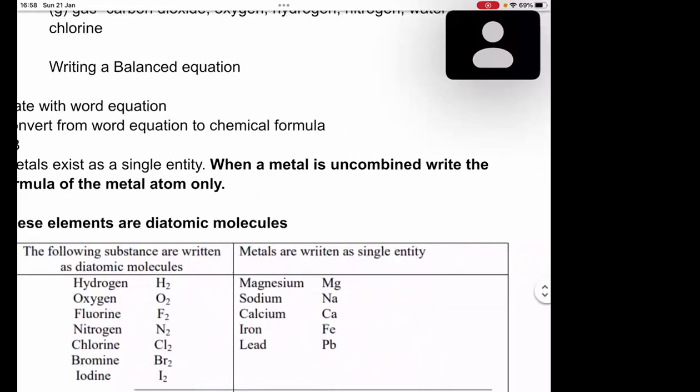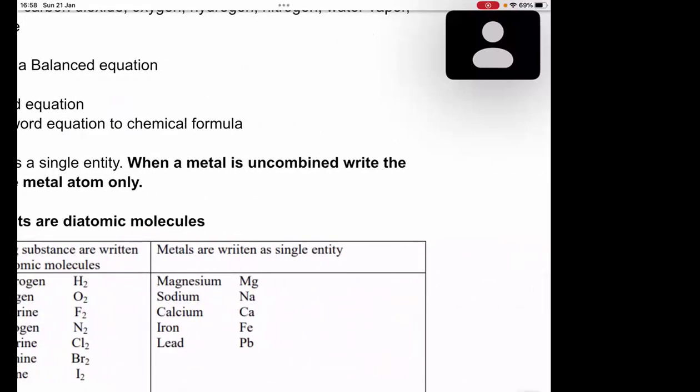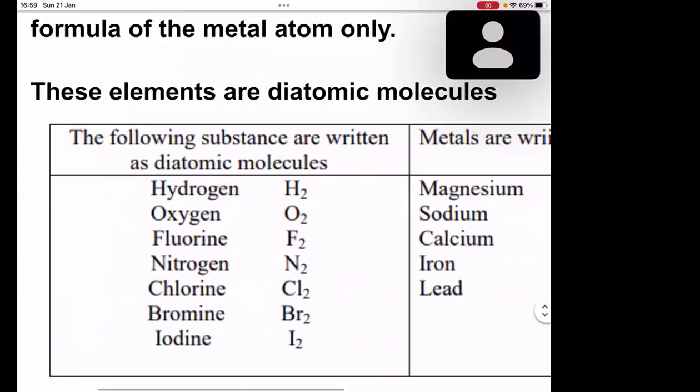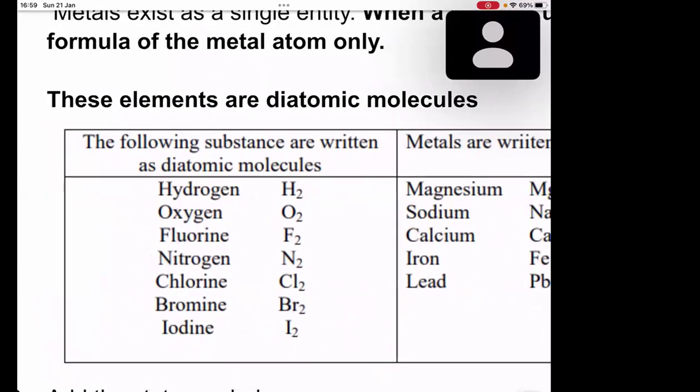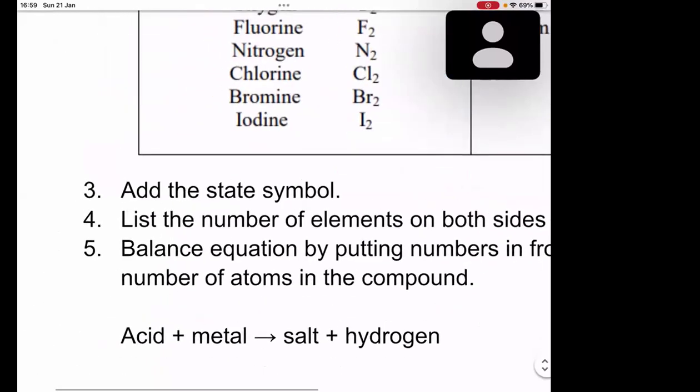So we don't write Mg2+, all we write is Mg. All we write is Na for sodium. If it says calcium, all we write is Ca. If it says iron, all we write is Fe. If it says copper, all we write is Cu. However, your non-metals are diatomic, so we write them H2, O2, Cl2, Br2, F2, all of those.